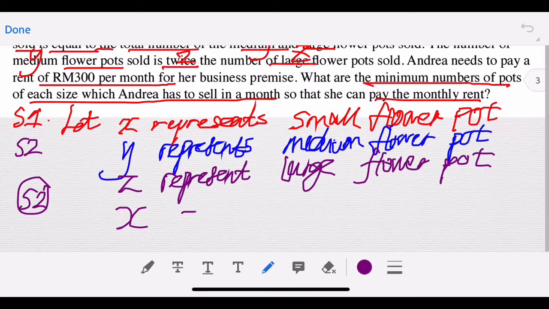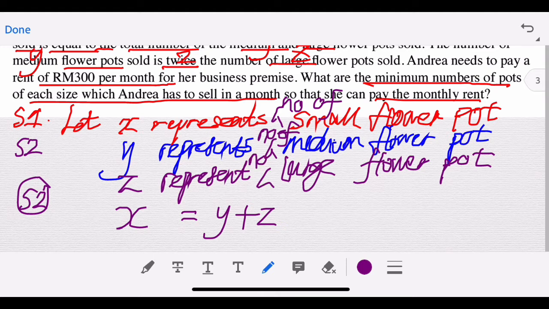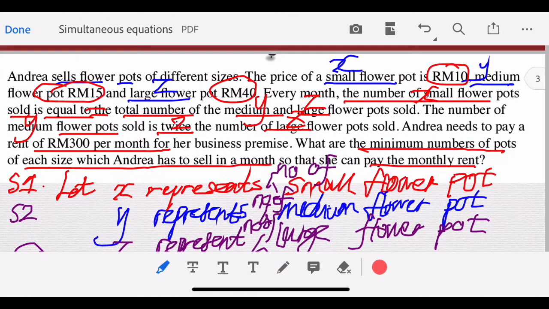So we can write X equals Y plus Z, and all these are the number of flower pots. We have to mention all these are quantities. So we have one equation ready. We can label it as 1, and let's go and find another equation.